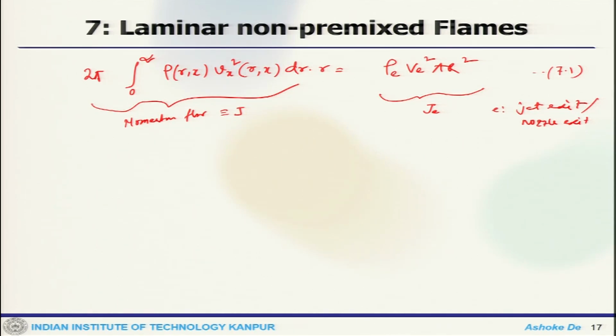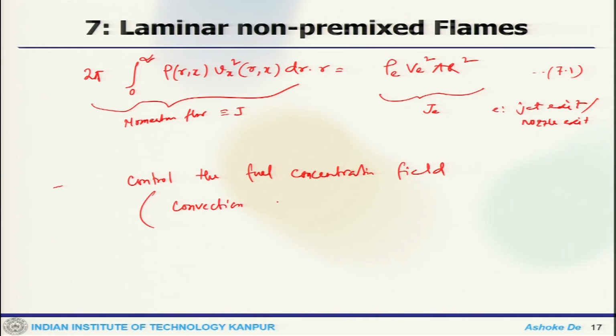Now, the processes that control the diffusion and convection of momentum are similar to the processes which control the fuel concentration field. So, essentially that is the convection and diffusion of fuel mass.